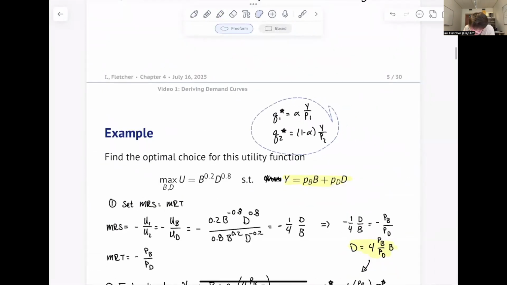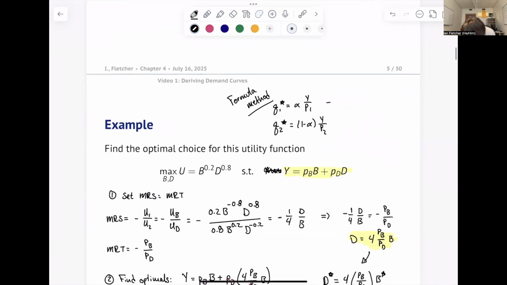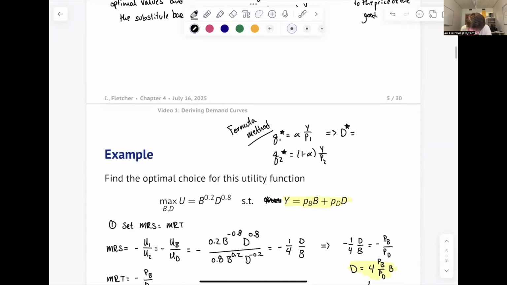So if we come up here and go formula method, then in our instance, D star should equal 0.8 y over PD, and B star should equal 0.2 y over PB.